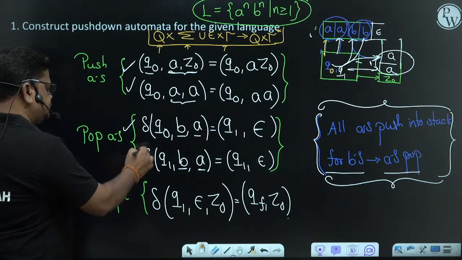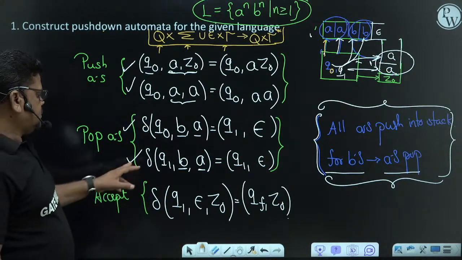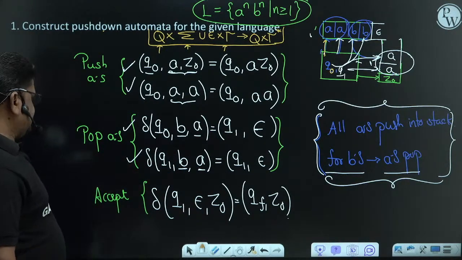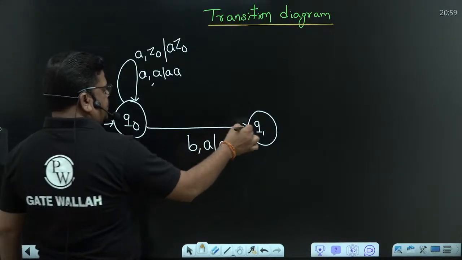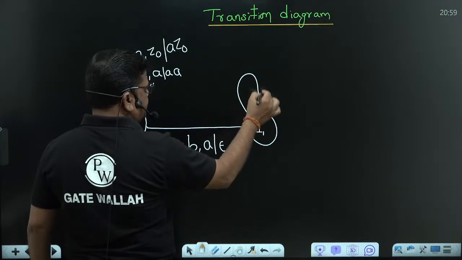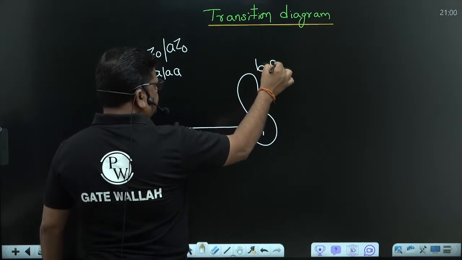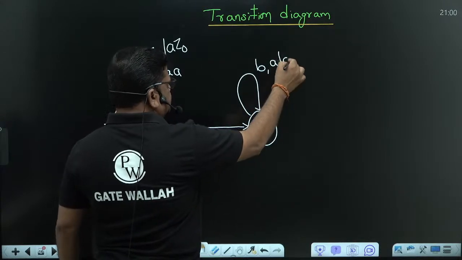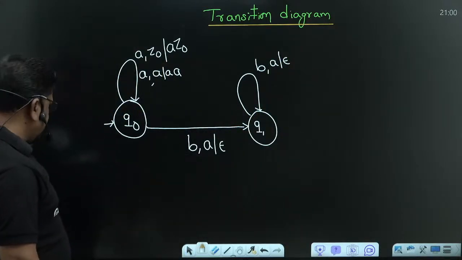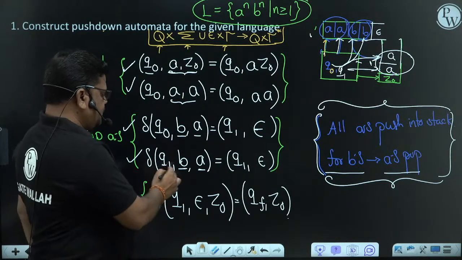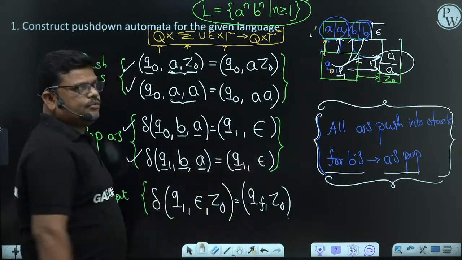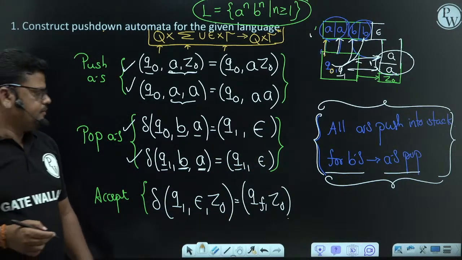Then for this transition, if we show it in the diagram, from Q1, B is the input, top of the stack is A, go to the same state, pop. Look at this. From Q1, B is the input, top of the stack is A, going to the same Q1, a self loop, then perform pop.